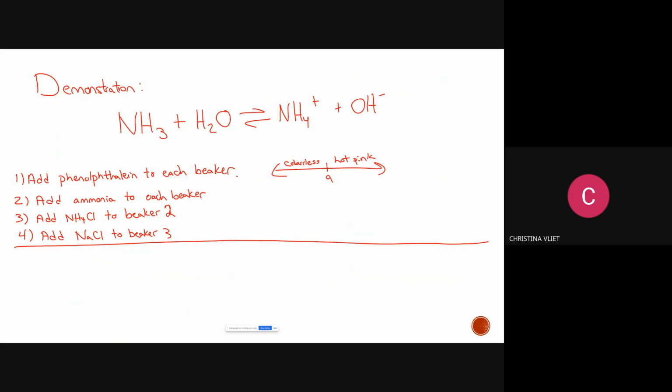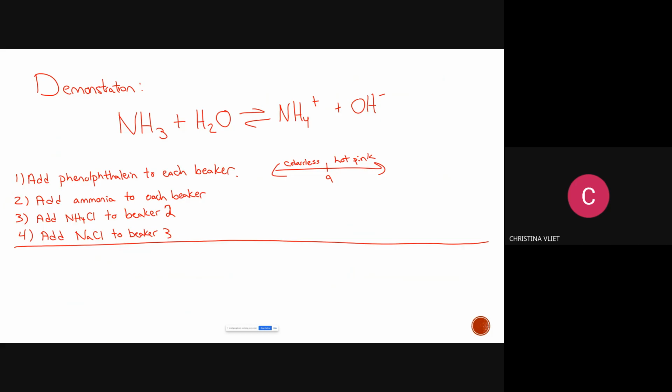And then it says add NH4Cl to beaker 2. Right now, I have just added ammonia into water and not done anything else, which means what I have produced is NH4+ and OH-. So what's turning that color pink? The OH- that's been produced as a result of adding ammonia to water.